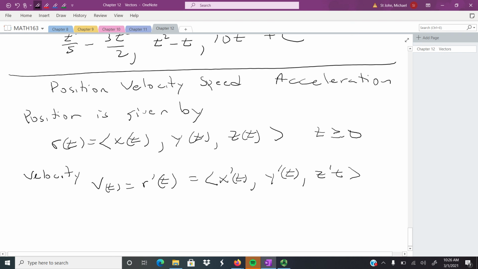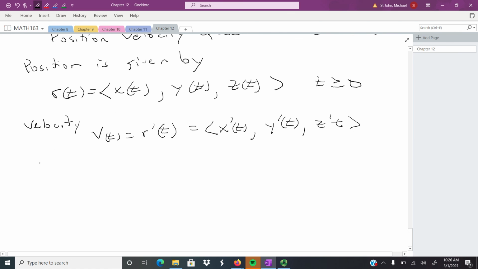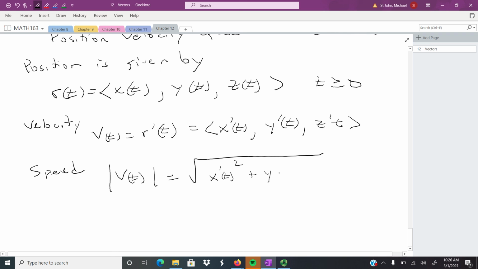And then speed is just the magnitude of my velocity. And so this will be the square root of x prime t squared, y prime t squared, and z prime t squared.